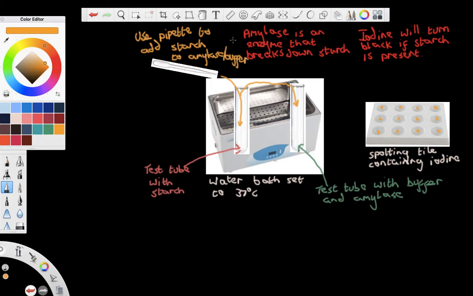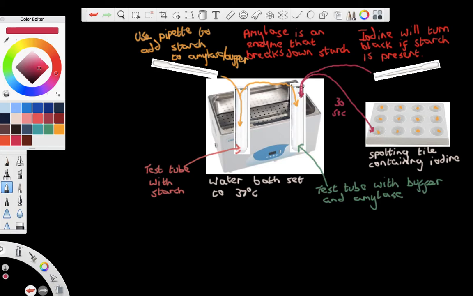Once I've done that, every 30 seconds, I'm going to use a different pipette to add some of the contents of this one into one of these wells. So I'm going to use this pipette to take up the amylase and starch, and I'm going to then add it to this one after 30 seconds.